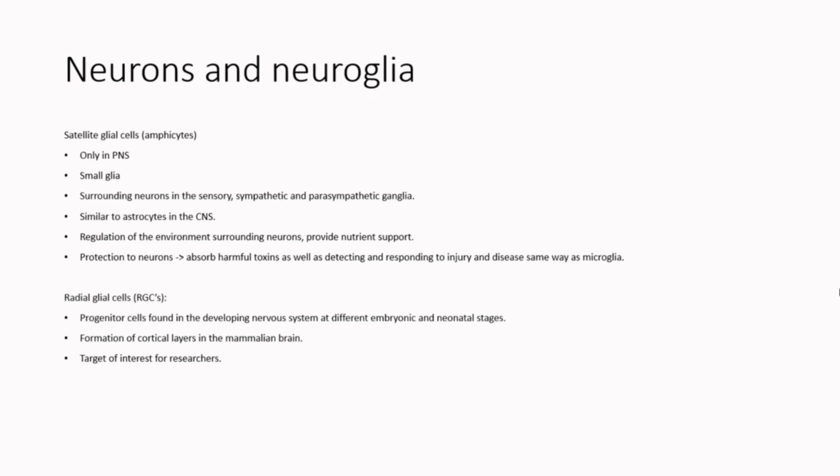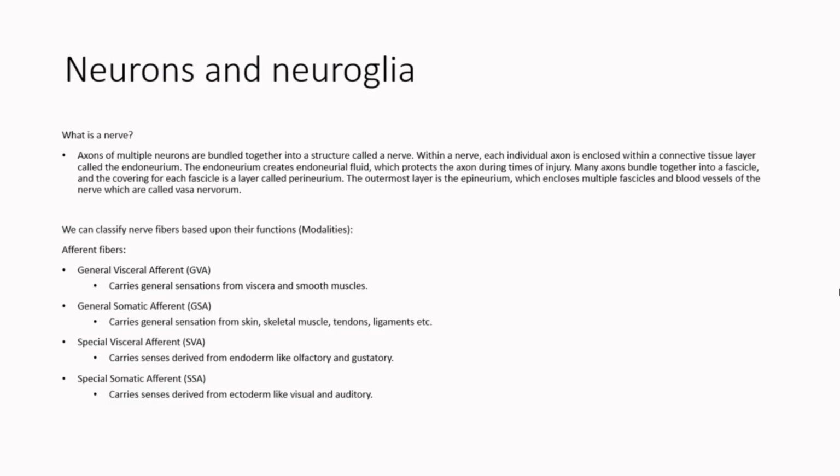They have this protective mechanism. And we also have these radial glia cells, and they are basically progenitor cells, which are found in the developing nervous system, and they are a big target of interest for researchers.